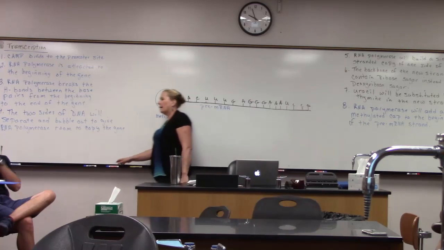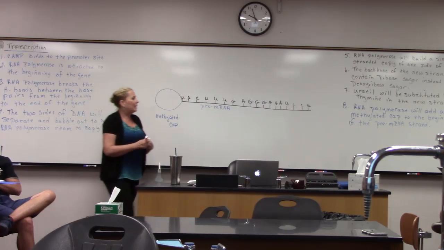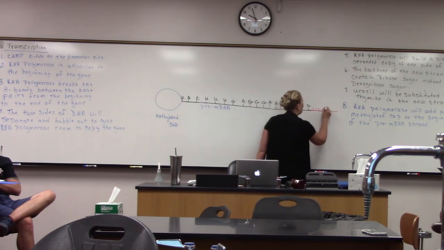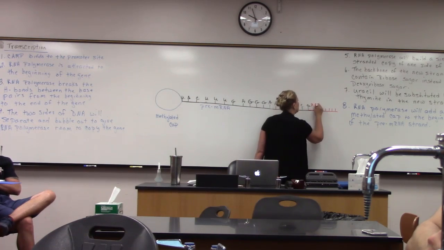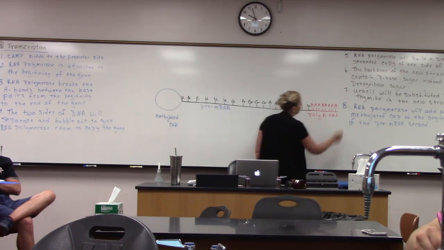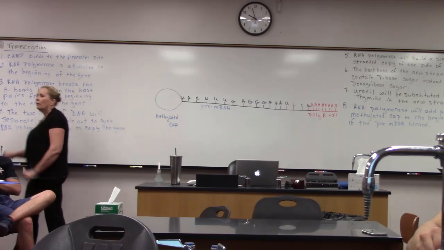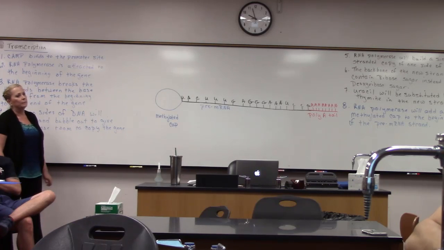The other end, in order to know that it's the end, RNA polymerase will also add a whole bunch of adenines. And we call this the poly-A tail. So now our organelles are going to know the beginning from the end.